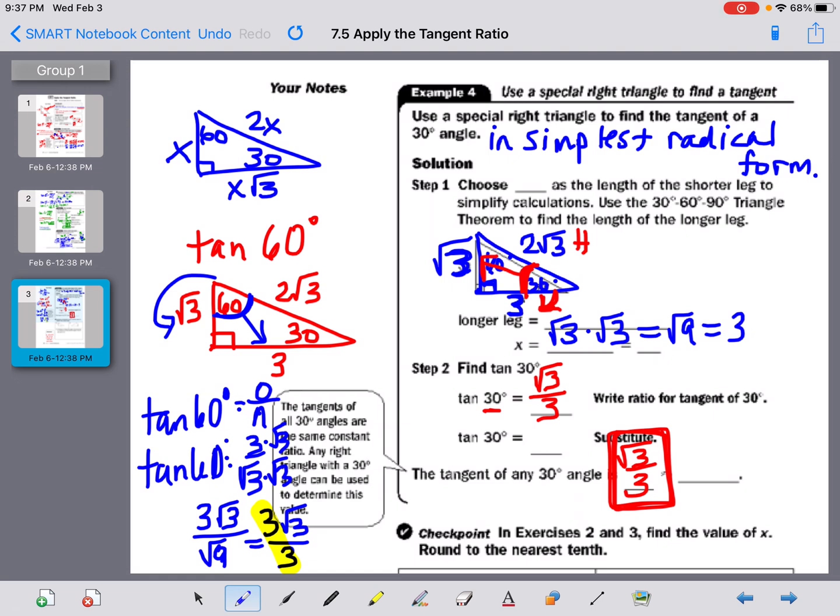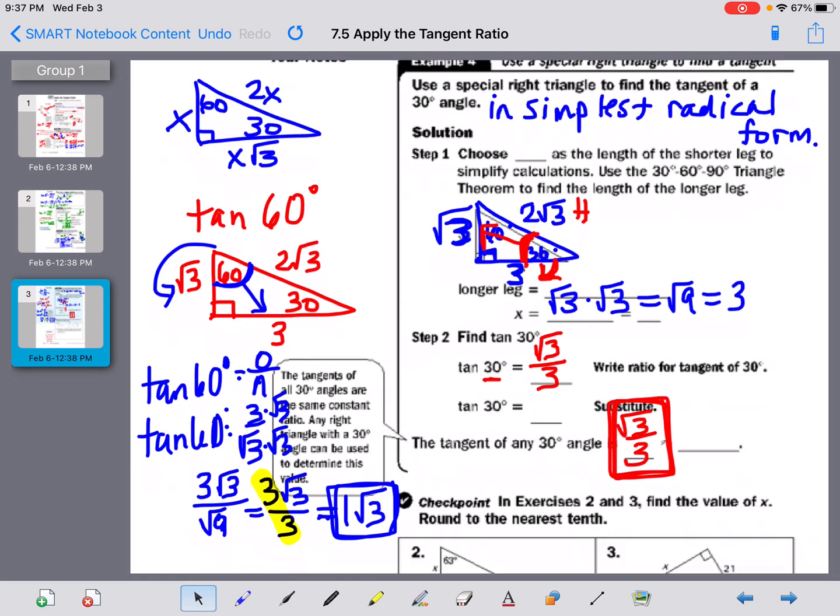So 3 divided by 3 is 1, and I get 1 times the radical 3. So the tangent of 60 is radical 3. The tangent of 30 was radical 3 over 3. Okay? By the way, if I happen to ask you the tangent of 60 degrees on the test, the answer is radical 3. Always will be. Every day for every 30, 60, 90 triangle.